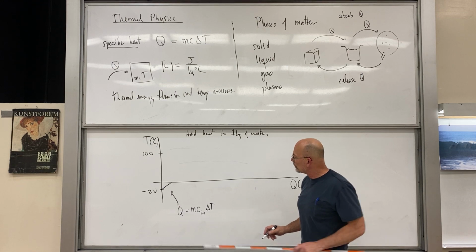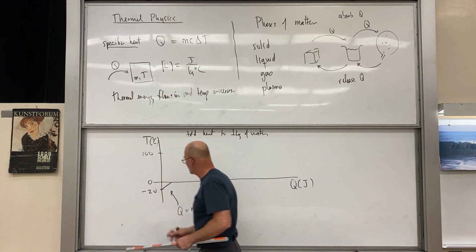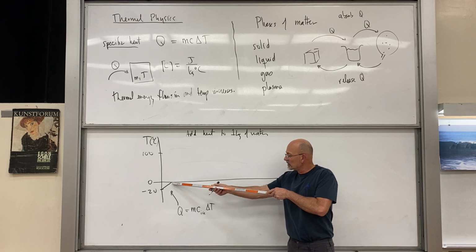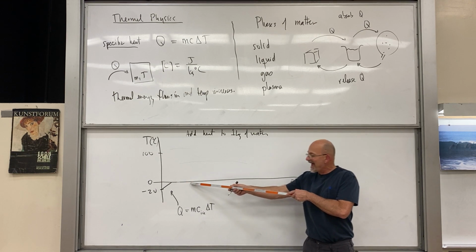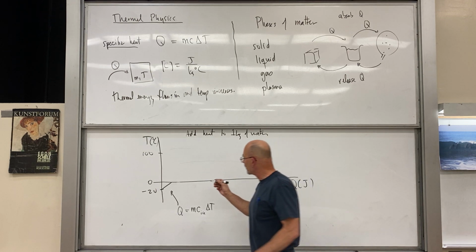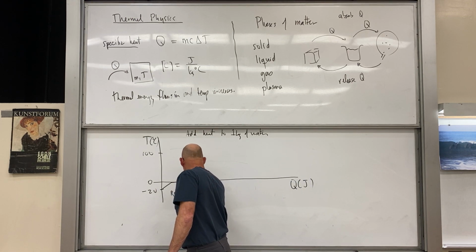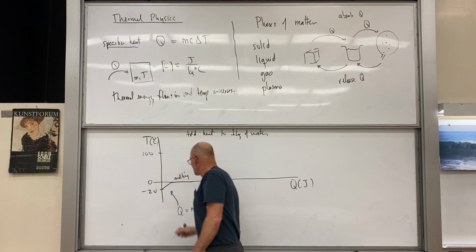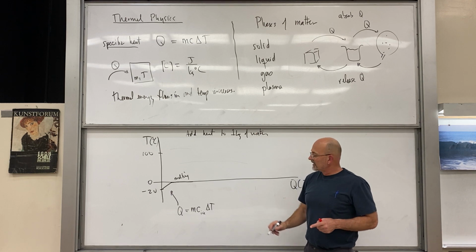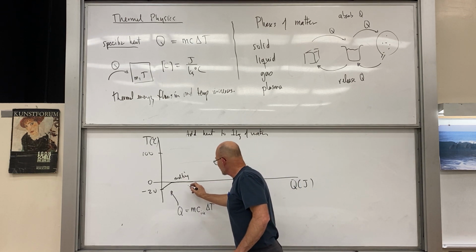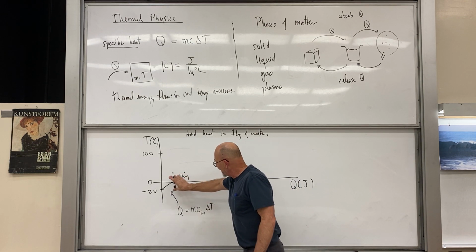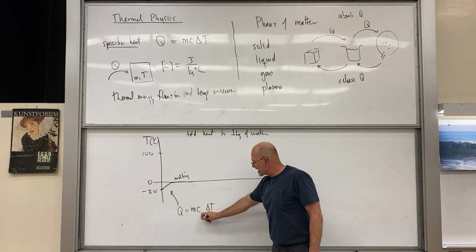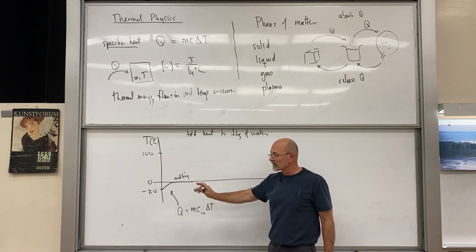So what happens when it reaches 0, you keep adding energy to it, the temperature stays the same, but the ice melts. So this graph has a horizontal section, that's melting. So that's interesting. It's melting, but the temperature is staying the same. You do it very carefully until it's all melted, and then you have this mass of ice that's been turned into water.